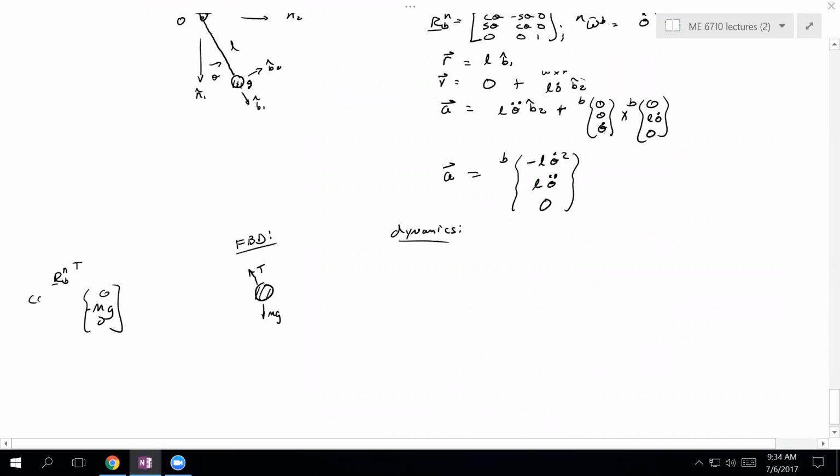So I'll write down here cos theta, minus sine theta, 0, sine theta, cos theta, 0, 0, 0, 1. Gives me negative mg sine theta, negative mg cos theta, 0. Okay, that's my gravity vector in the B frame.